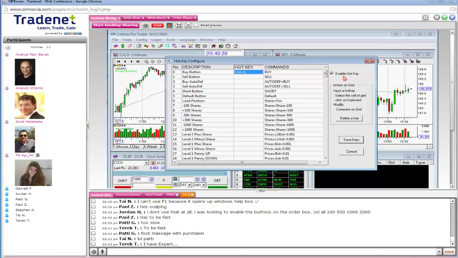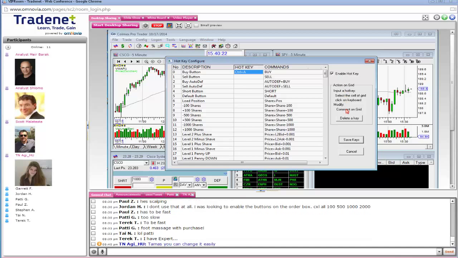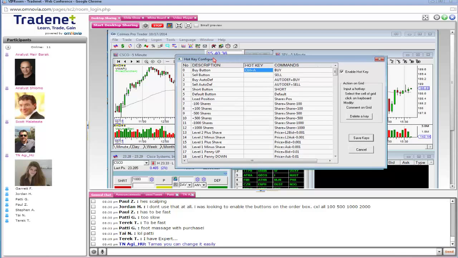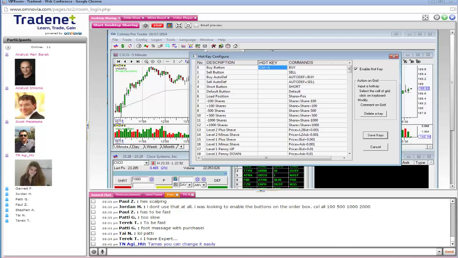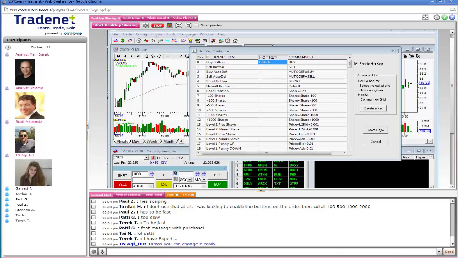And now we are going to click the save button, save keys. And now, pressing the Control key and the A key simultaneously together will have the same effect as using the mouse of clicking the buy button.